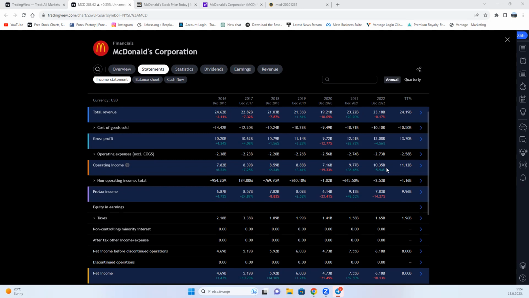And this is the money they have left. And then you say, okay, your operating income is 0.35 billion, you're profitable. I like it. So this looks good. Your operating income is actually increasing.